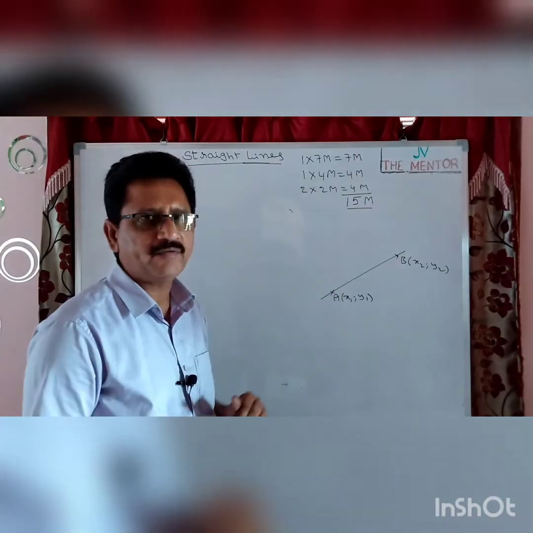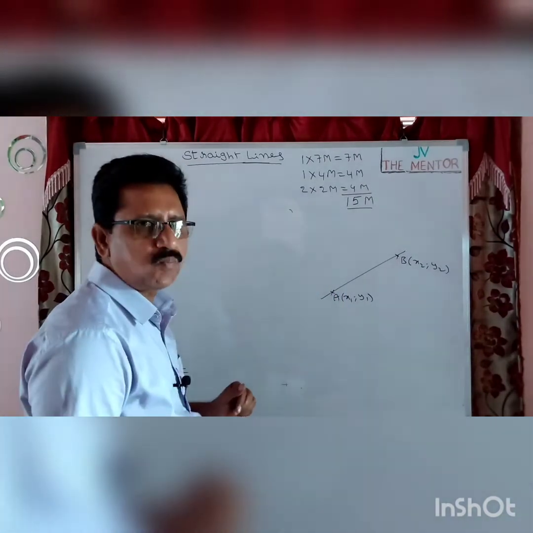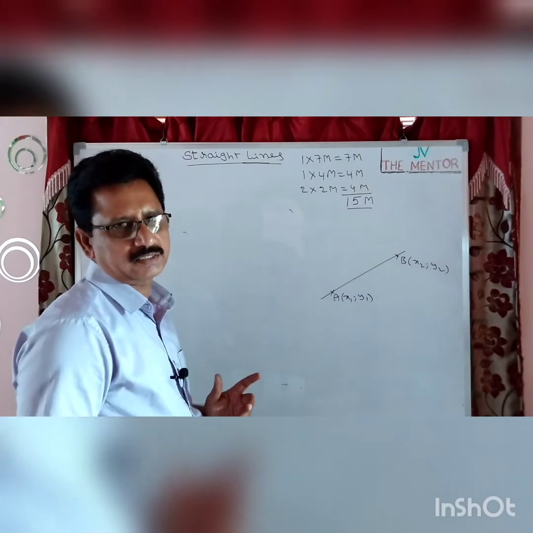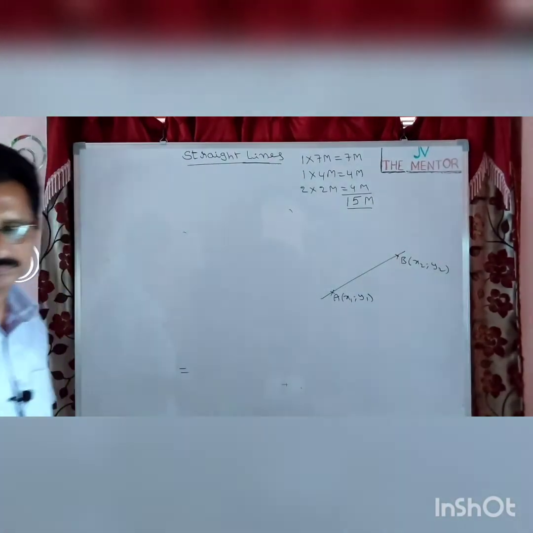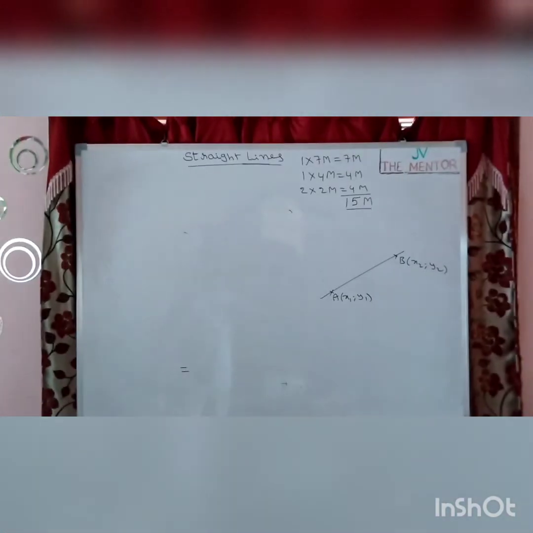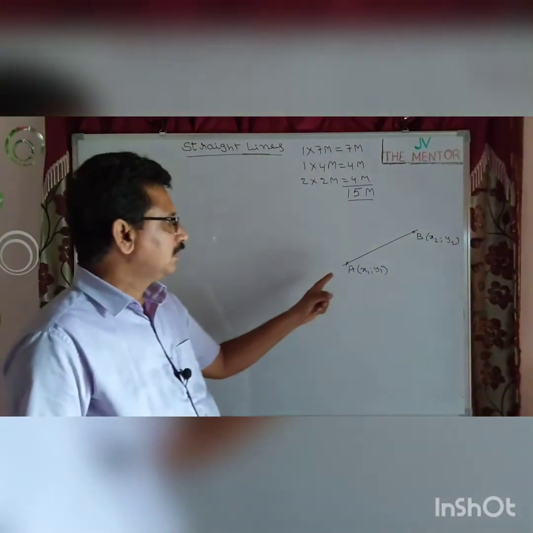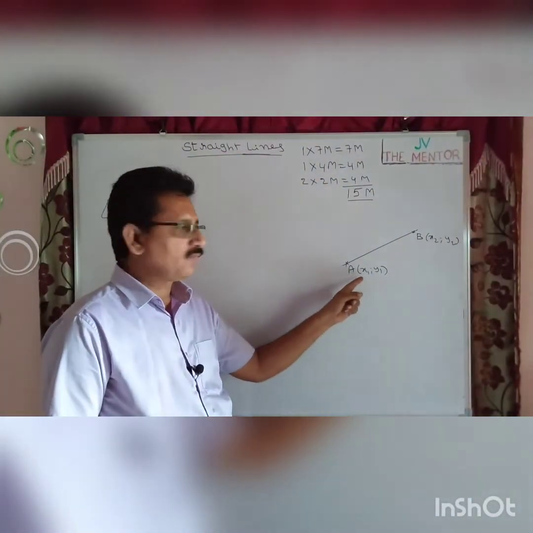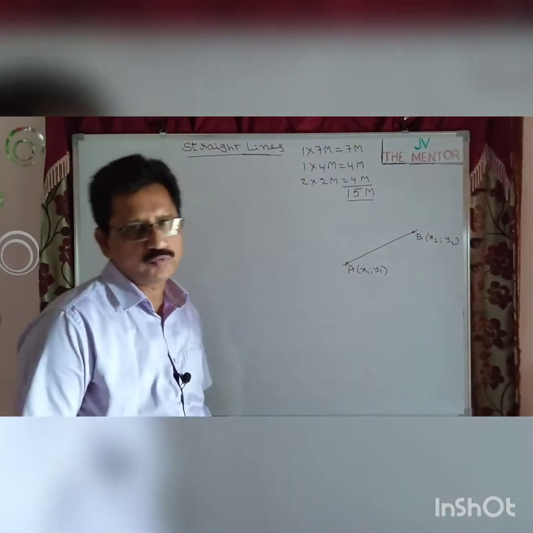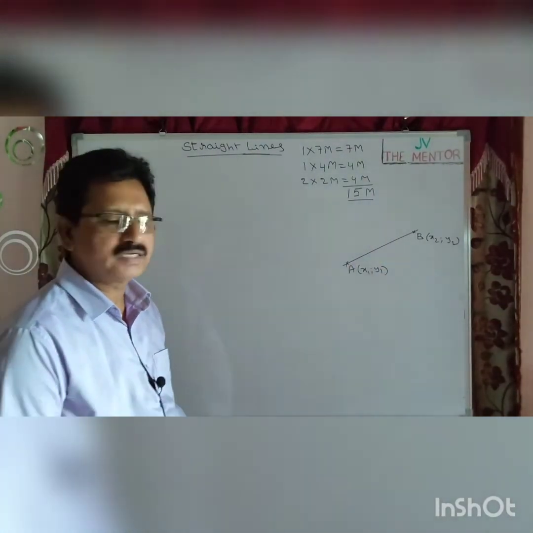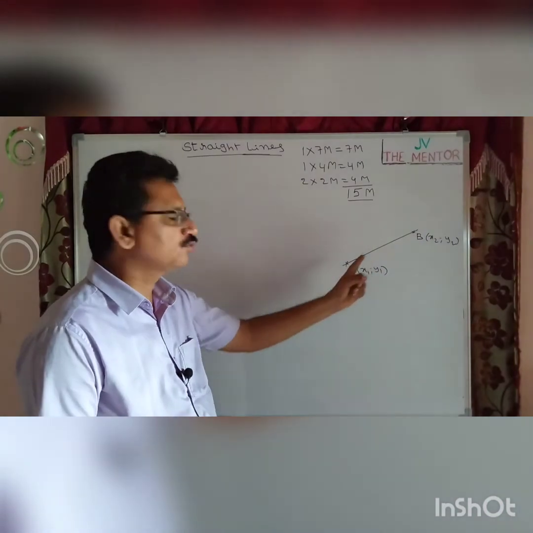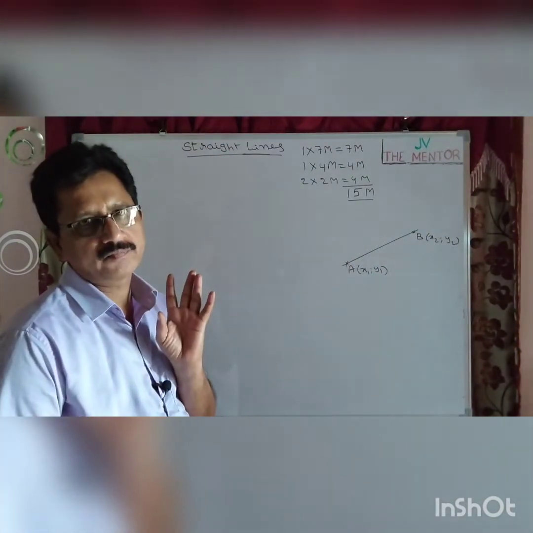We will find the equation of the straight line passing through 2 points. Okay now? If A(x1, y1) and B(x2, y2) are 2 points, now we'll find the equation of the straight line passing through these 2 points.